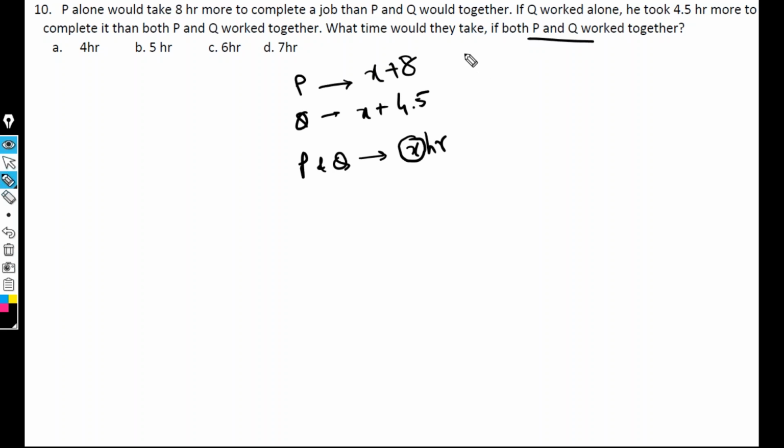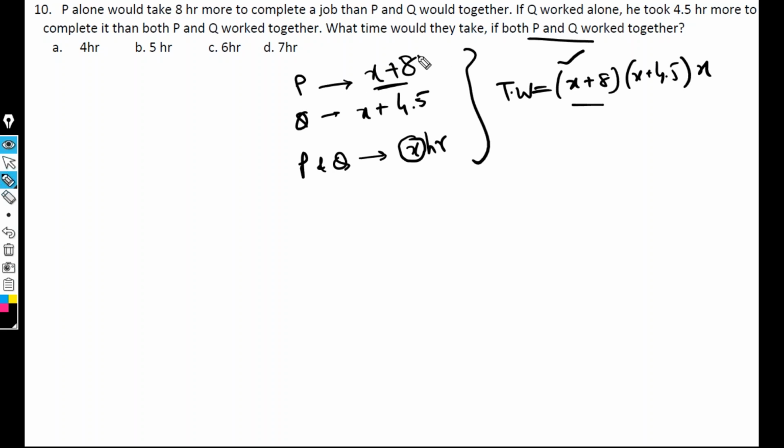As we have discussed in the previous classes, my total work is going to be the LCM of these three values. When you are taking LCM, it is going to be straightaway the product of the three. And we simply need to equate the work done by them in 1 hour. P completes this entire work in X plus 8 hours. So work done by P in 1 hour is total work divided by the number of hours in which P completes the work.